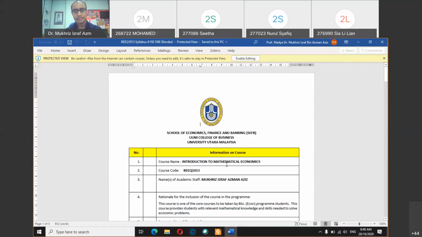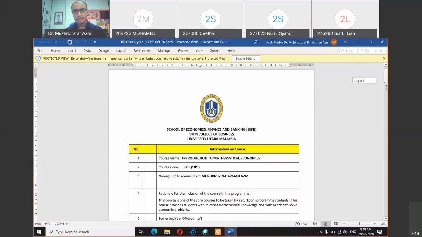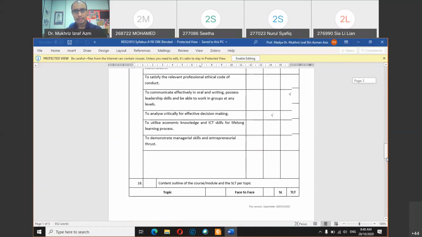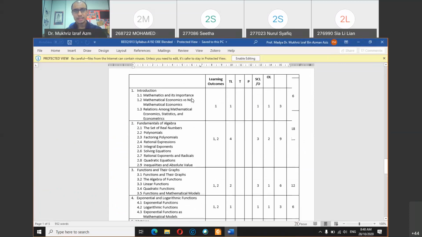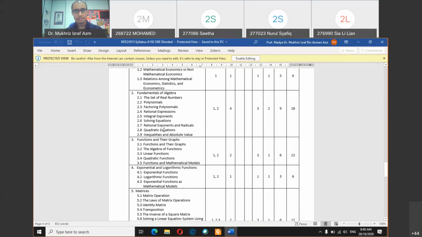Okay, I did mention that your assignment should be based on the items in the syllabus. For example, in topic 3, you have 5 items or 5 subtopics. I did mention before, I think last Sunday, that if there is no specific question on one subtopic, you can combine 2 topics into one.